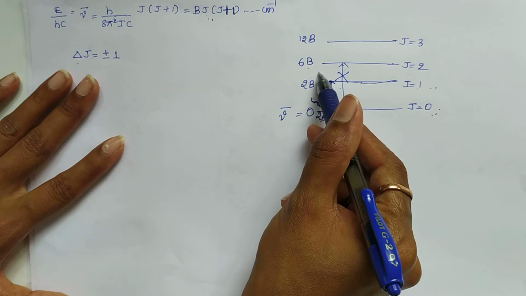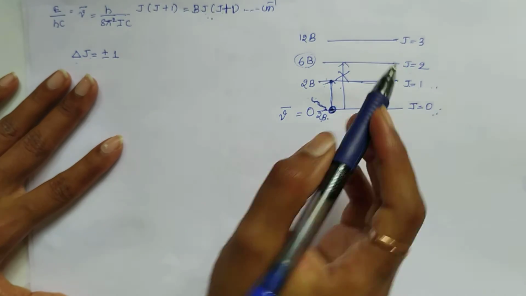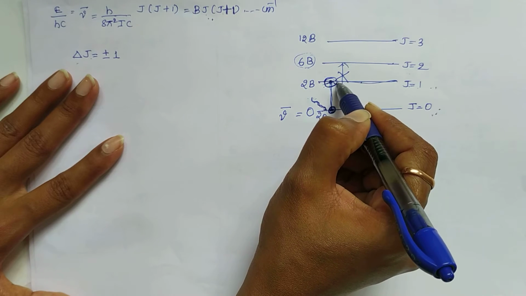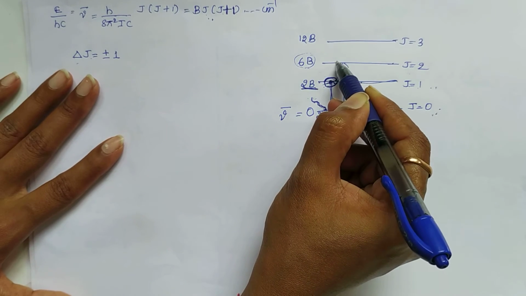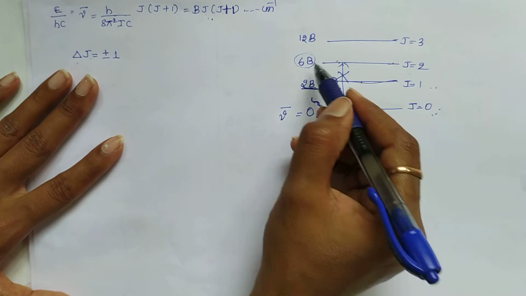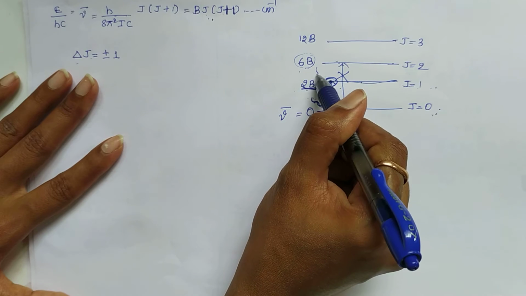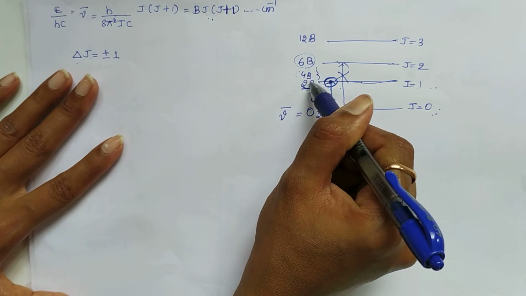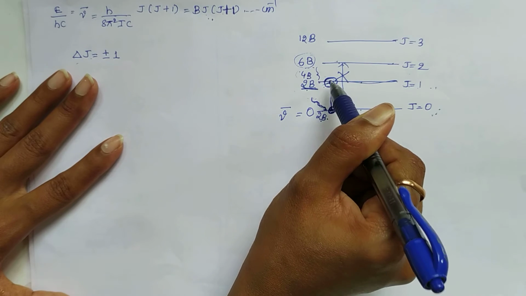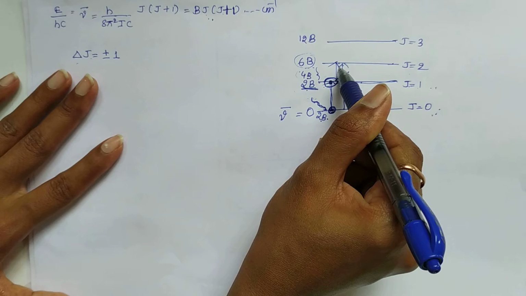Then again, the next energy level value is 6B. The molecule in the first state already has the energy 2B. To reach the second energy level, 6B is needed, but 2B is already there. The difference is 4B. If you send an electromagnetic wave having the energy 4B to the molecule in the first energy state, it will go to the next energy level.